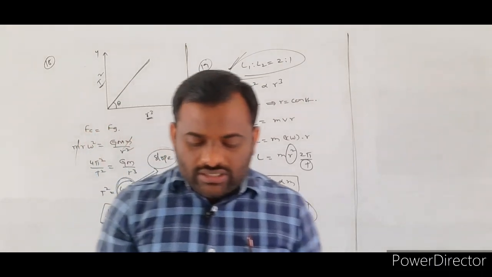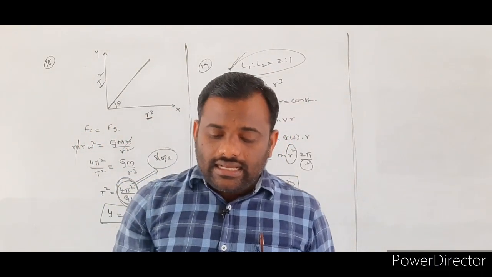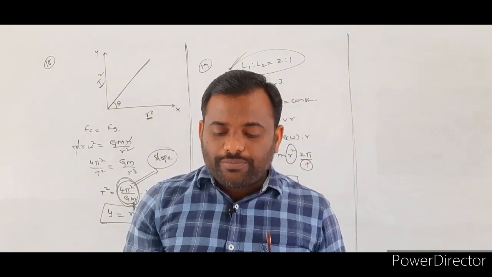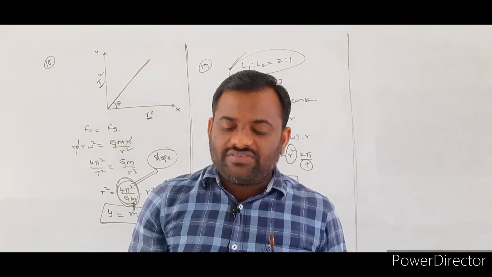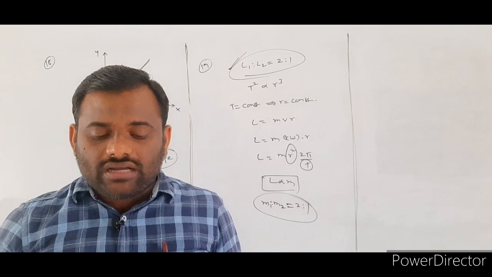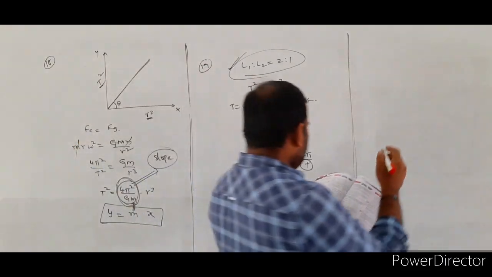Next, problem number 20. The ratio of Earth's orbital angular momentum to its mass is 4.4 × 10^15. Then the area enclosed by the Earth's orbit is approximately? See here, what is the given data.